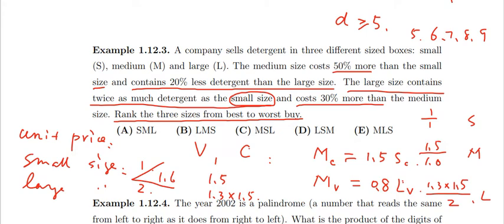So this equals 1.9, then divided by 2. So we just calculate these 3 numbers, and this one is 1.95. Here we want to do some calculation. Okay, so we just compare these 3 numbers.